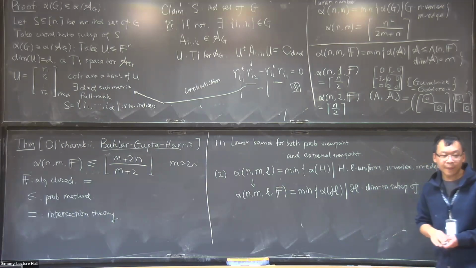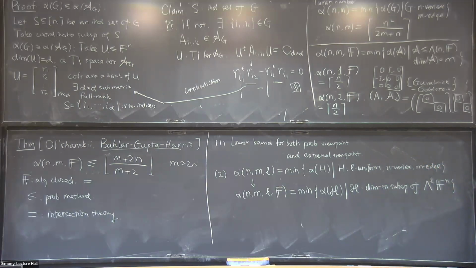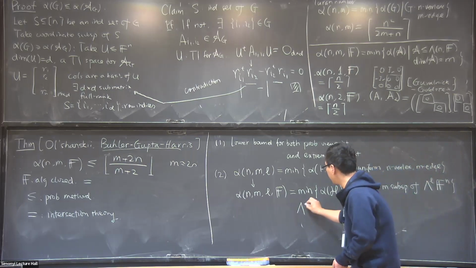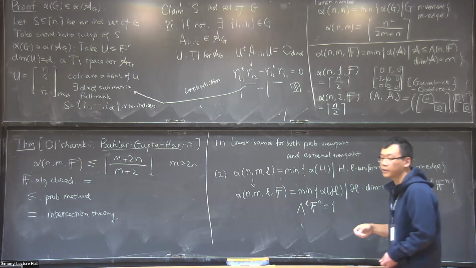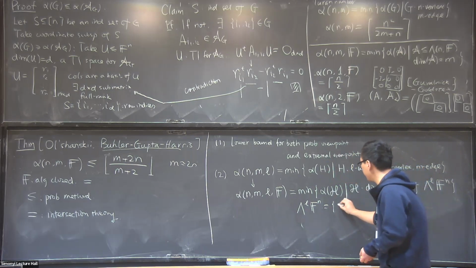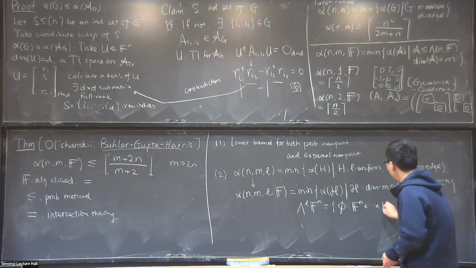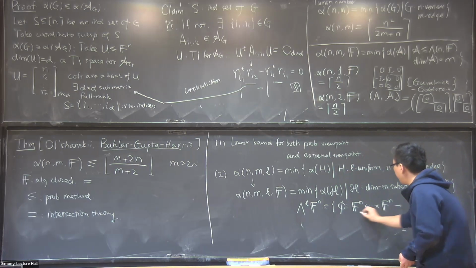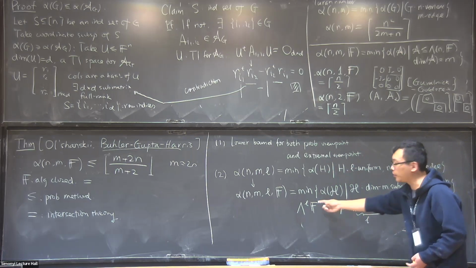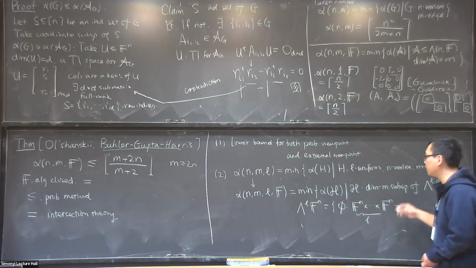What's this? It's like a tensor product? The exterior product is a tensor product, but modulo some relations. It's like skew-symmetric multilinear functions: you're allowed to change the order of the arguments. One thing to define is that we think of it as consisting of all the multilinear functions that are skew-symmetric, or alternating, from F^n times F^n, l of them, to F. If l equals 2, it's just a skew-symmetric or alternating matrix.